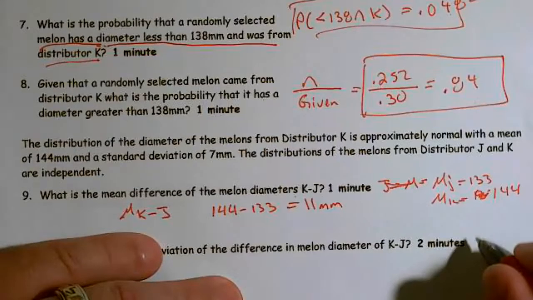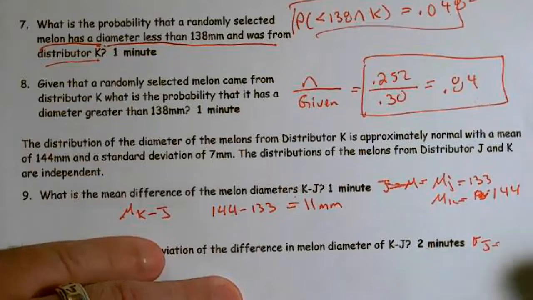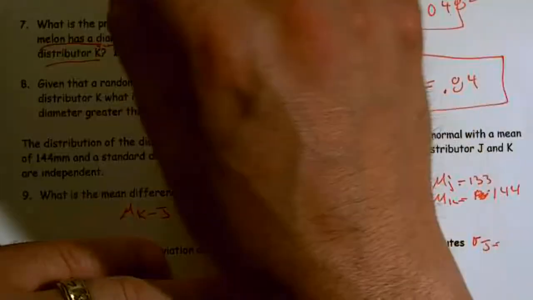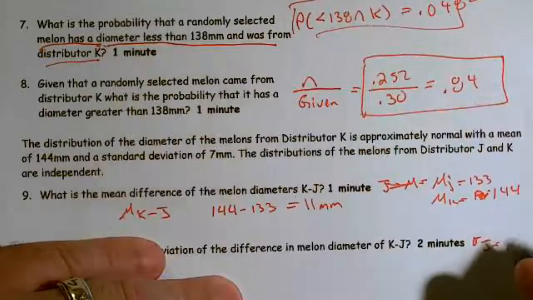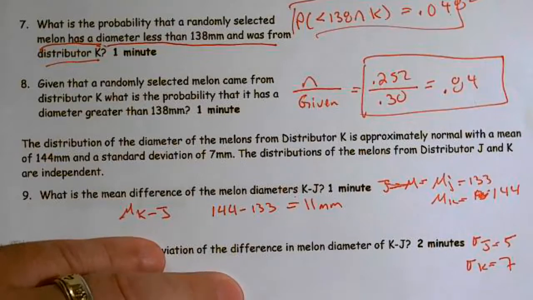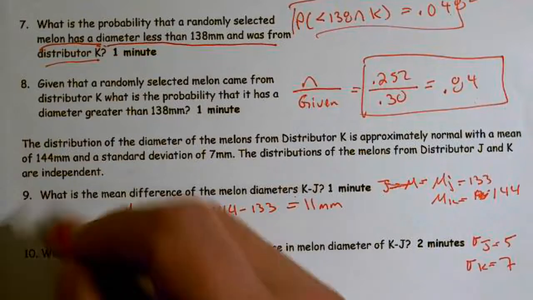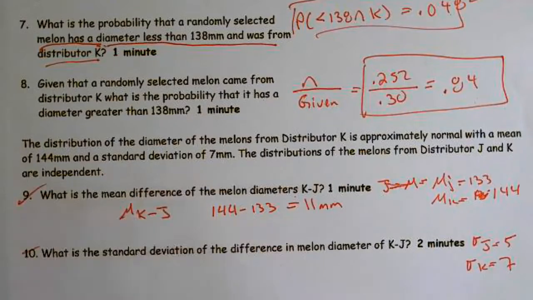It should have told you the standard deviation of J, and it does, of 5, and it's supposed to tell you the standard deviation of K was equal to 7. But for some reason, I left that off, and that's my bad. So we'll give you credit for these, free 5 points here and 5 points there.